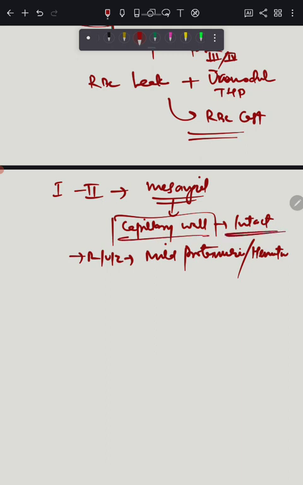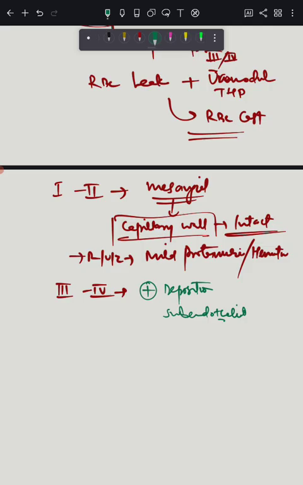But in class 3 or 4, these are proliferative forms with immune complex deposition, especially in the subendothelial location, and that leads to endocapillary inflammation and necrosis, crescent formation, rupture of the GBM, and eventually RBC leak into Bowman's space.